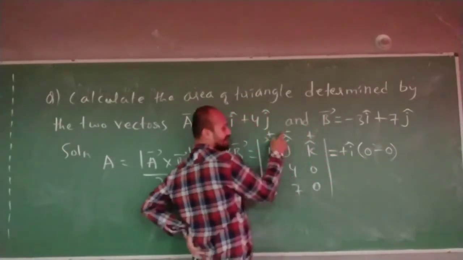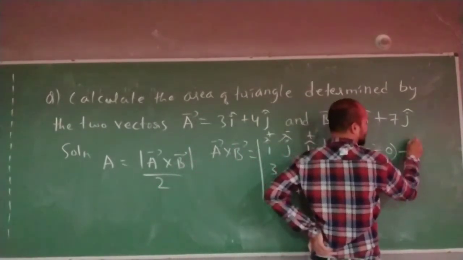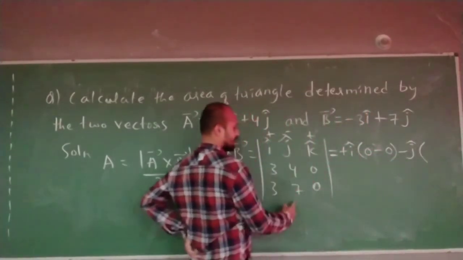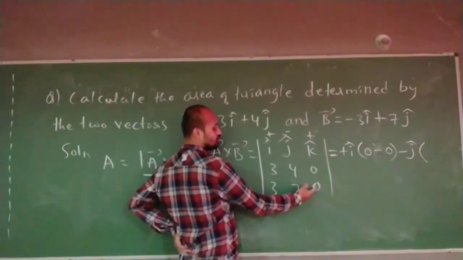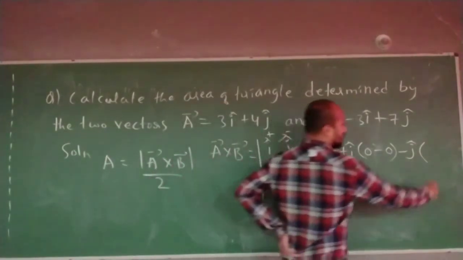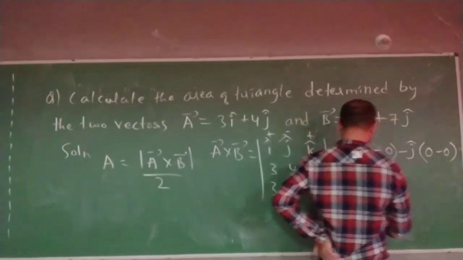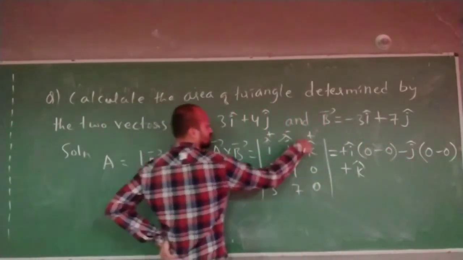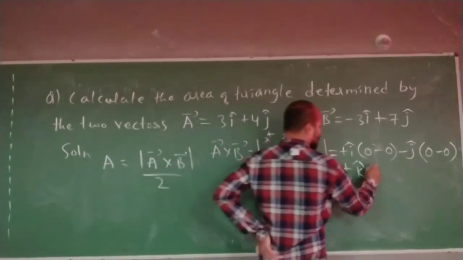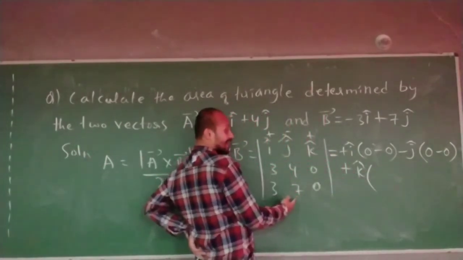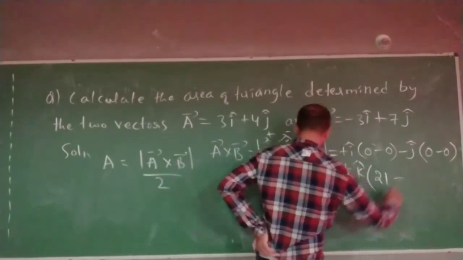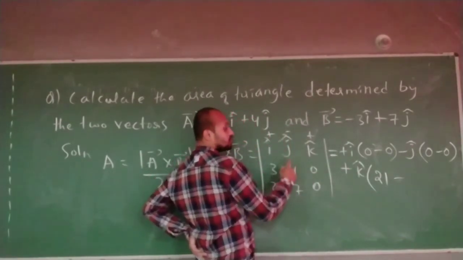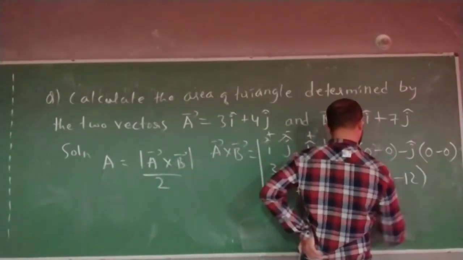Next it is minus sign, I will write minus j cap into, forgetting this column, 3 into 0 minus 3 into 0, which is 0 minus 0. Plus k cap, forgetting this row and this column: 3 into 7, 21, minus 3 into 4, 12.